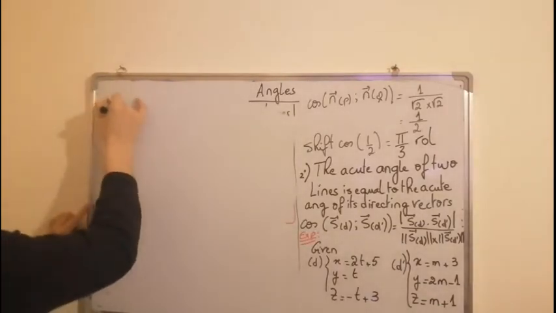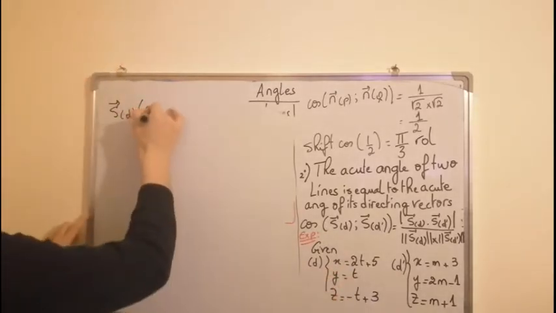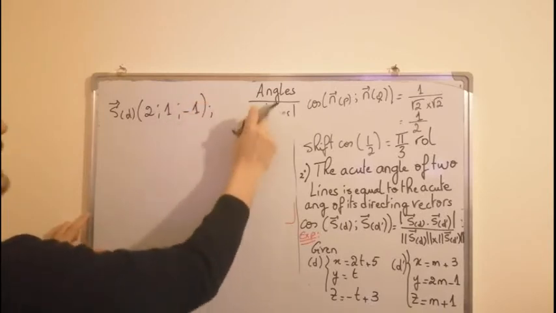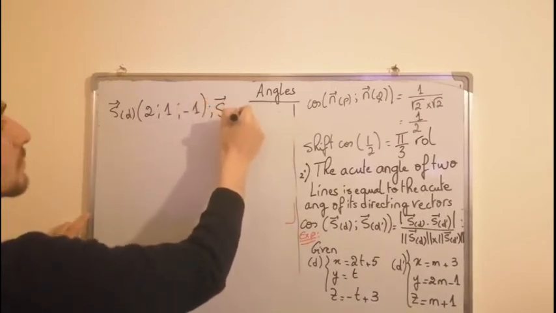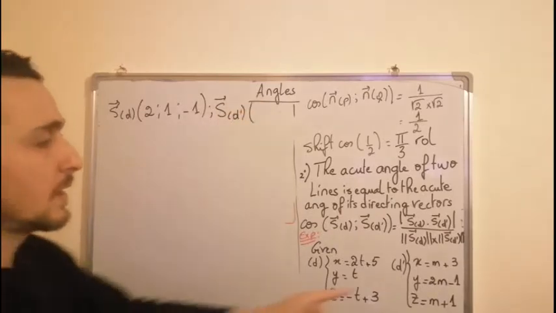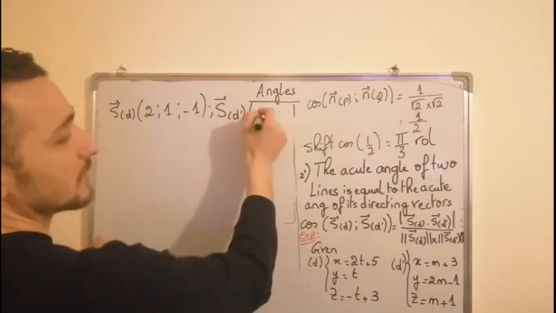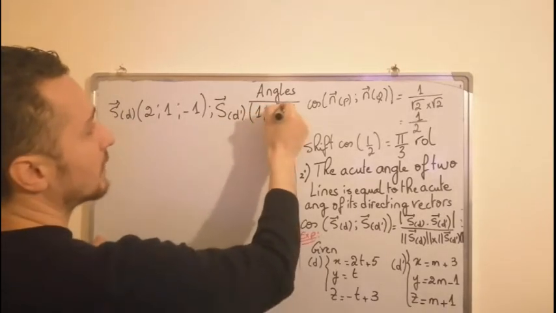S of D is 2, 1, minus 1. S of D prime has abscissa 1, ordinate 2, and height 1. So it's 1, 2, and 1.